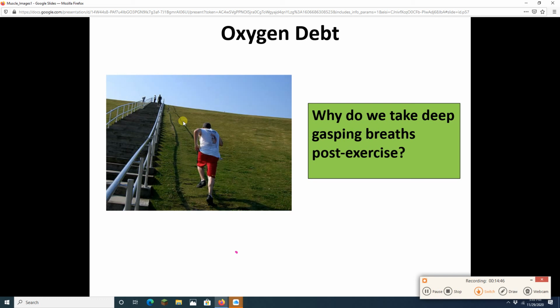You got to rebuild glycogen. You got to get more acetylcholine back. All of these things require energy. Require ATP to do all these things. To make more ATP, you need oxygen. So you are in oxygen debt. And the best example is that period of huffing and puffing when you're done exercising.